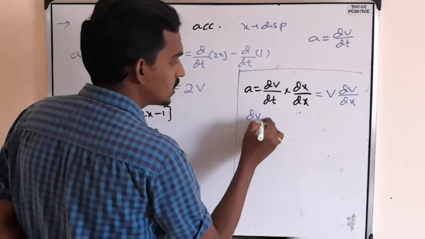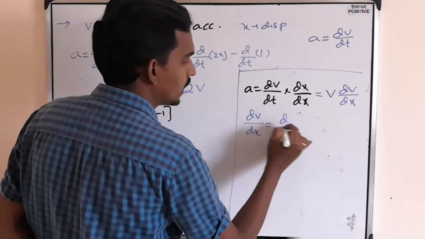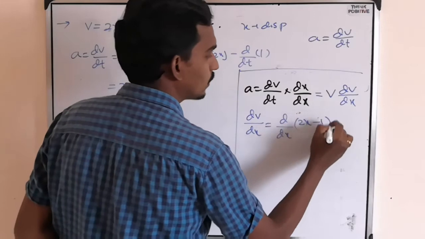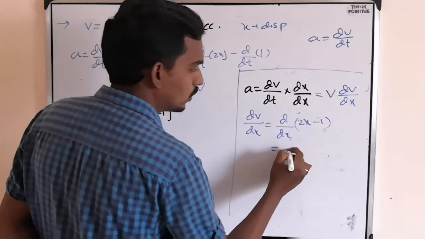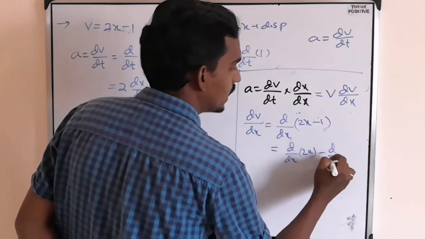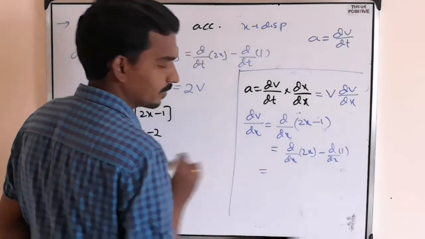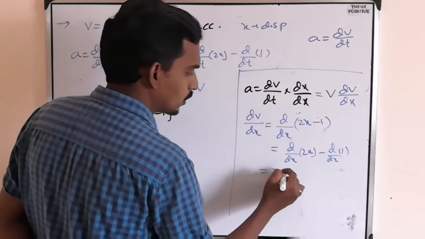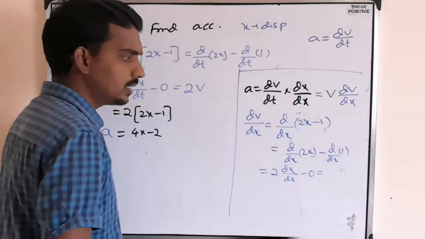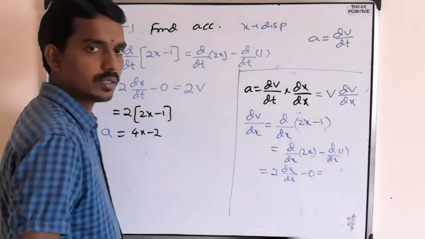Now what is dv by dx? d by dx of v, which they have given as 2x minus 1, equals d by dx of 2x minus d by dx of 1. 2 is constant, 2 into dx by dx minus 0, because differentiation of a constant is 0.